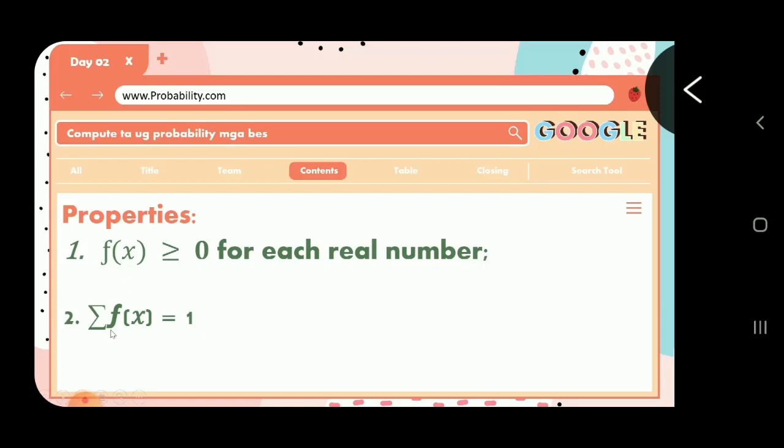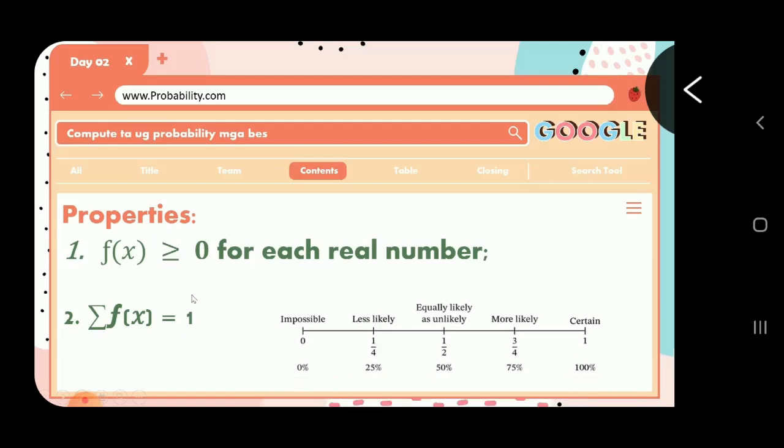But in property number 2, it says that the summation of f of x is equal to 1. Meaning, if you add all the probabilities you got, the biggest answer should be 1. In short, if we are talking about probabilities, that is what you should remember.